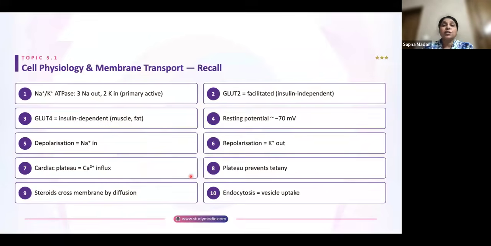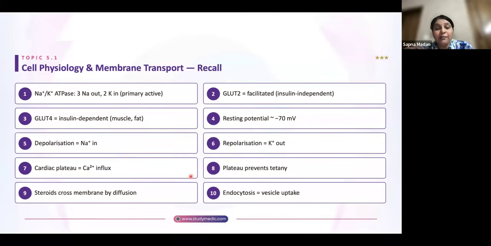Just a little bit of recall about this topic. Sodium potassium ATPase, like we discussed, very importantly, 3 sodiums move out and 2 potassium come in. This is at the end of the action potential. Once the repolarization has happened, to maintain the homeostasis, the sodium potassium ATPase will function and 3 sodium ions will go out, 2 potassium will come in.